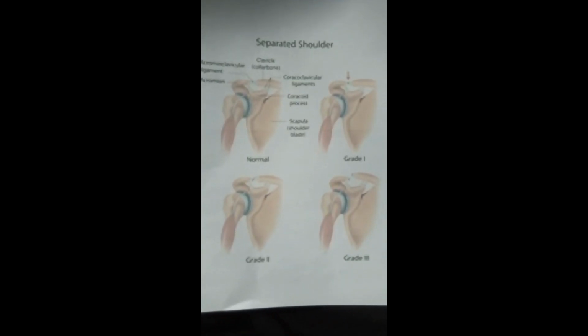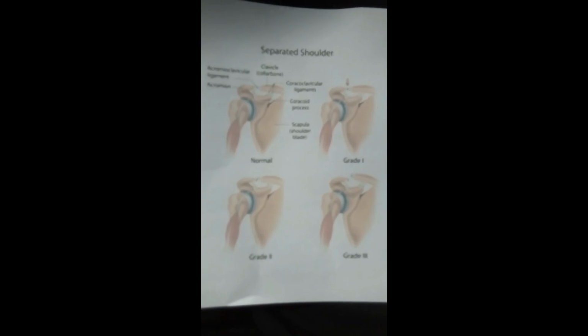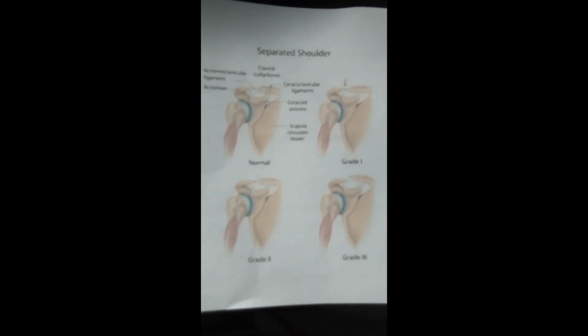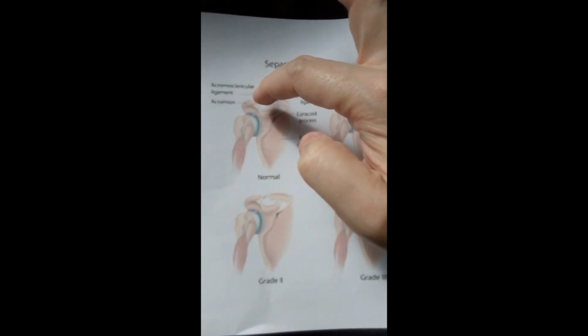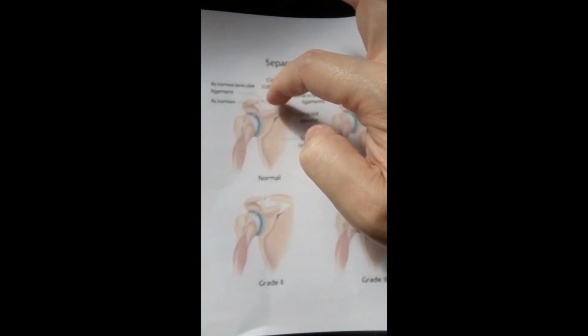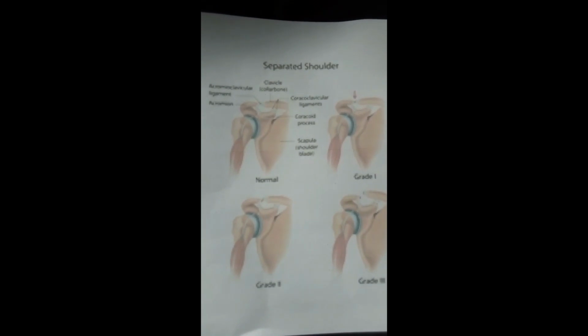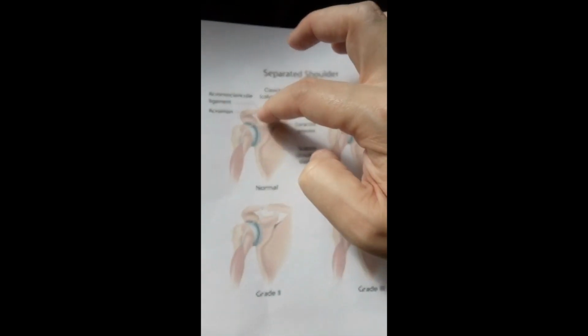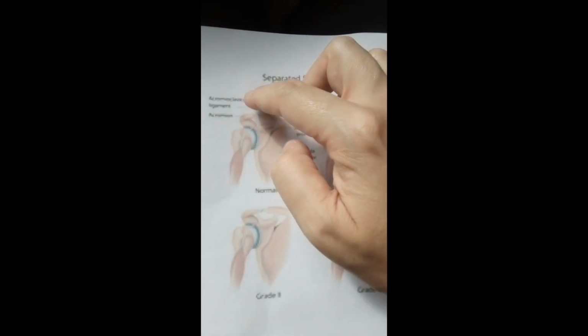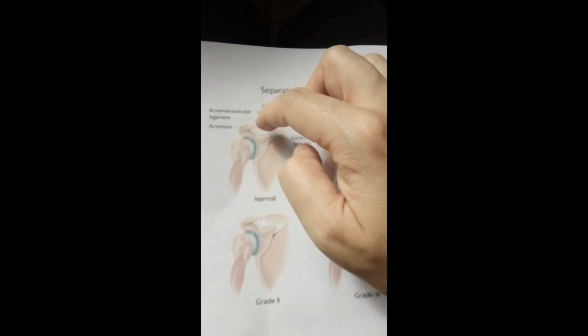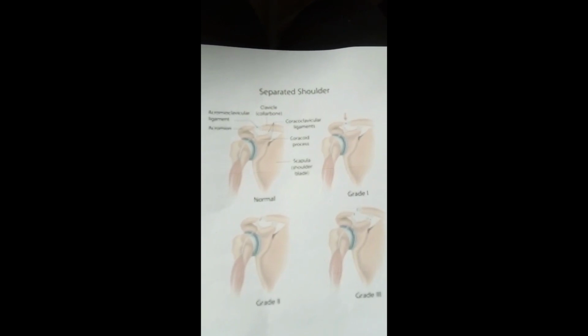Now, there's also something called a separated shoulder, which is basically where you have ligaments that sit up here, which attach the collarbone or clavicle that sits across the front onto the shoulder joint.